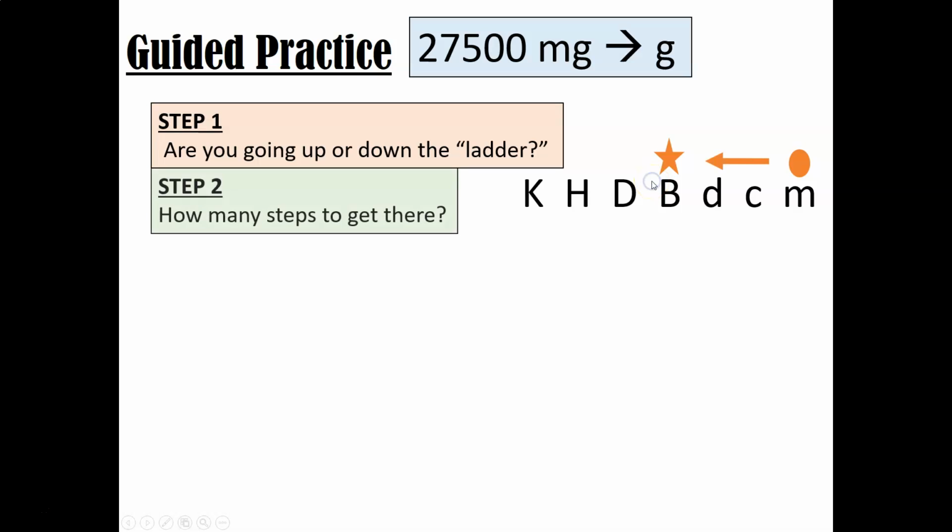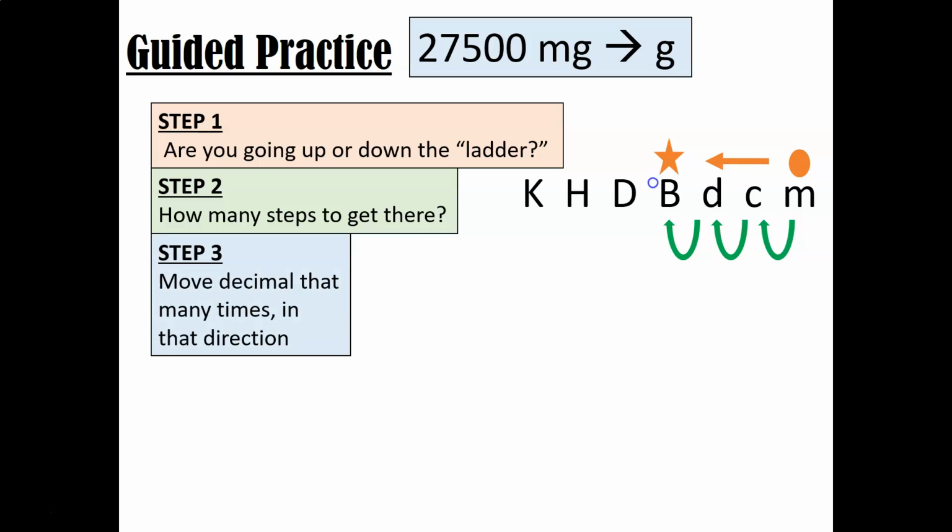Next, I need to count how many steps it takes to get there. I'm trying to figure out how many times I'm changing by a factor of 10. So for this case, it's 1, 2, 3 times.